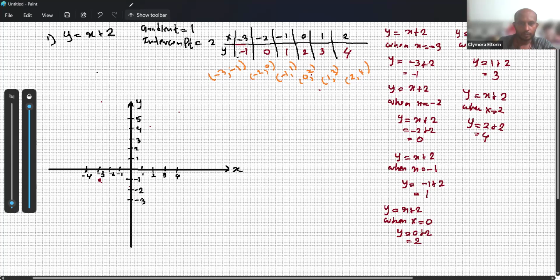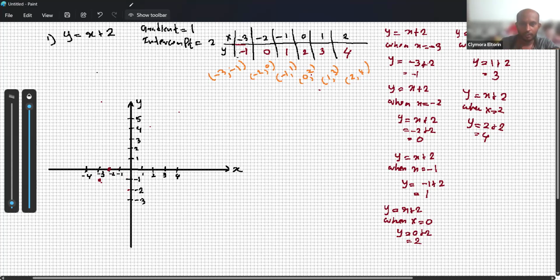When x is minus 2, y is 0. It's here. That x value is minus 2, y value is 0.